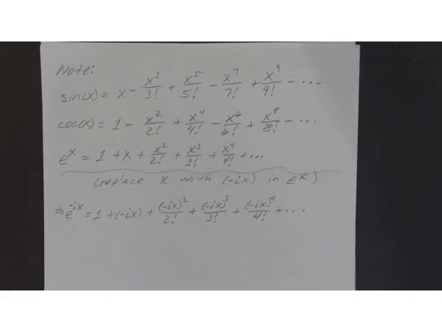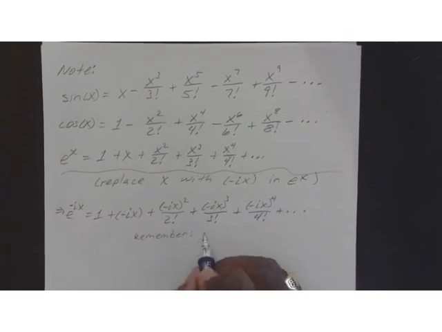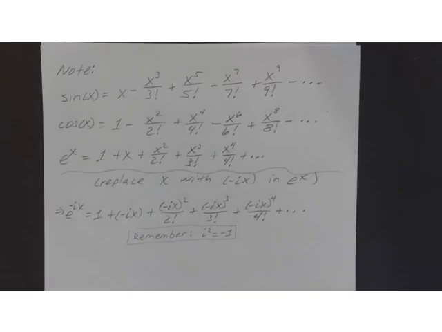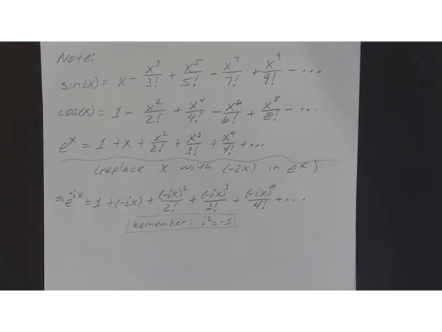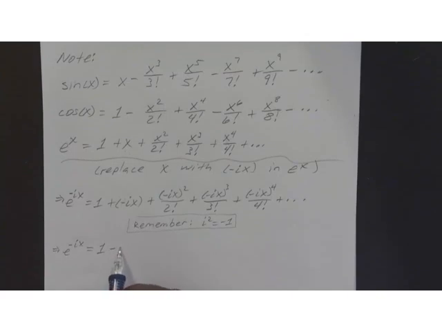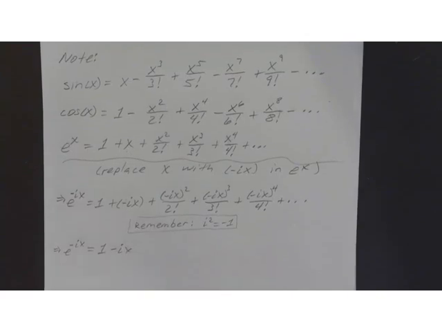So if you remember your complex numbers, then you remember that i squared is equal to -1. So we can take our e to the power of -i times x, and we can write that as 1 minus i times x.